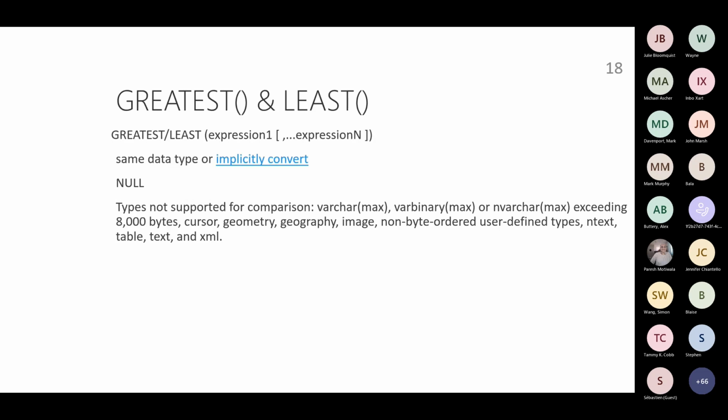Greatest and least are new functions introduced in SQL Server 2022, and they return the biggest or smallest value of an ordered set of values, expression 1 to expression n.